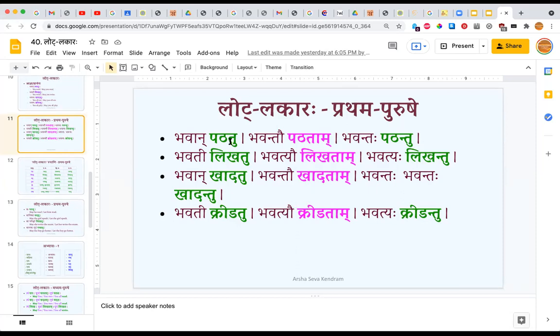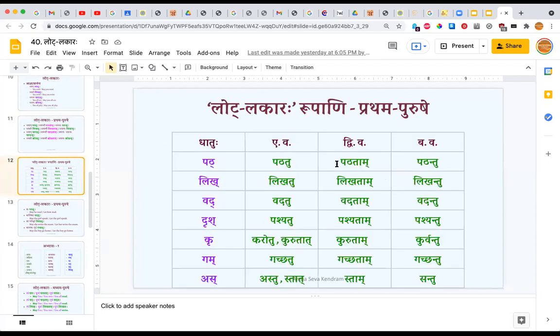Ekavachana has the tu ending, Dvivachana the tam ending, Bahuvachana the antu ending, for the different types of dhatus.